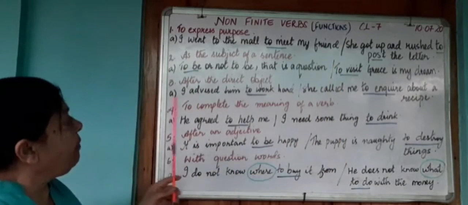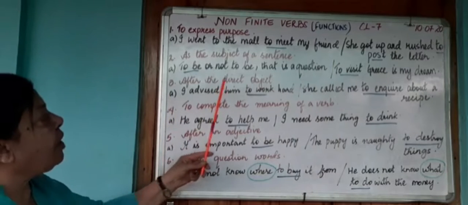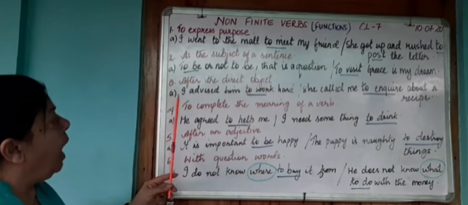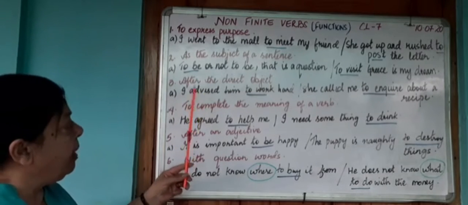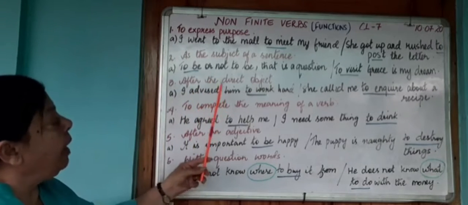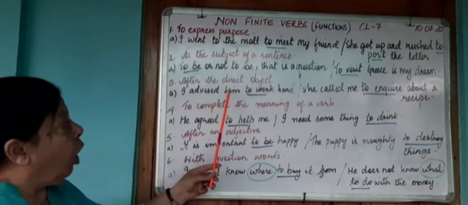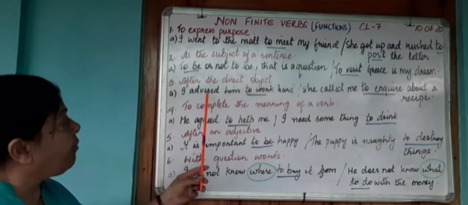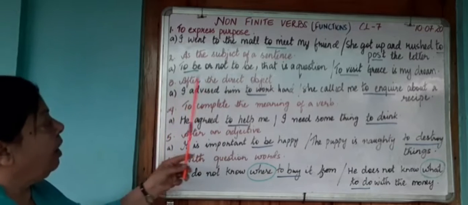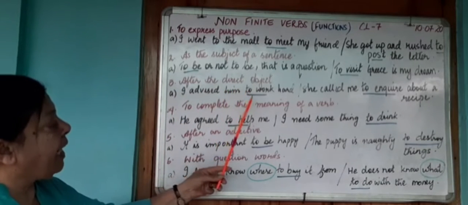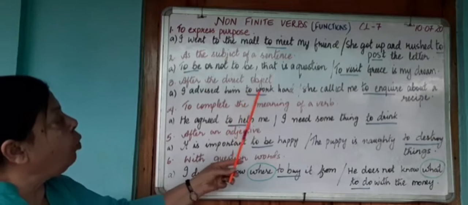The infinitive is also used after the direct object. Now, I is the subject, advised is the verb, I advised whom, him is the direct object. The direct object comes after the verb, the subject comes before the verb. So after the direct object, I can use the infinitive to work.